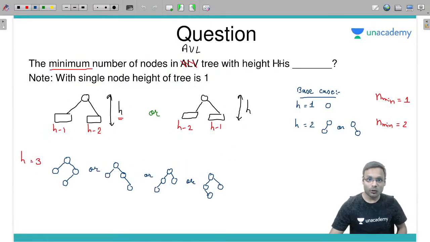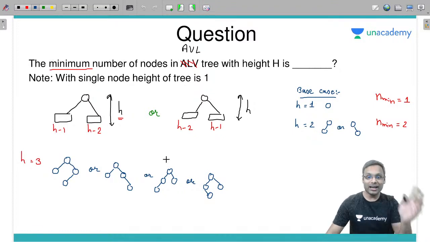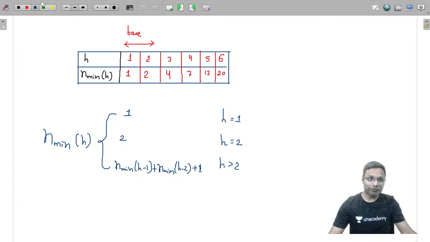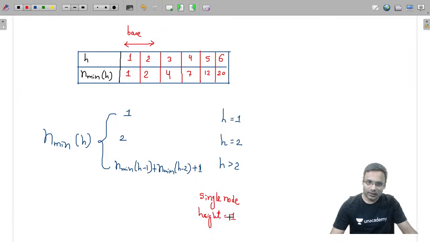Next, look at this one: the minimum number of nodes with height h. If the definition is given that a single node has height 1, then this particular formula works.